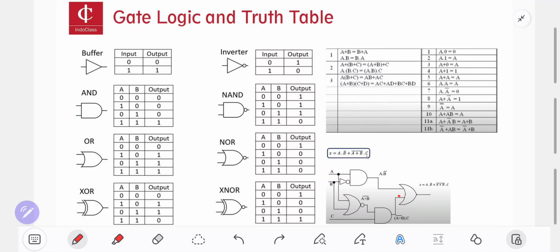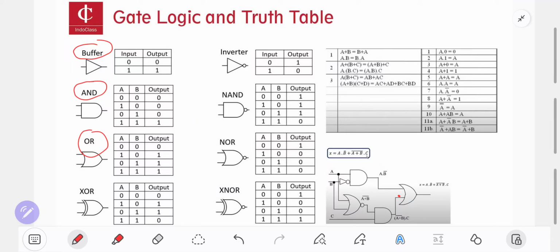Just three items. They are AND, OR, and NOT, or buffer.